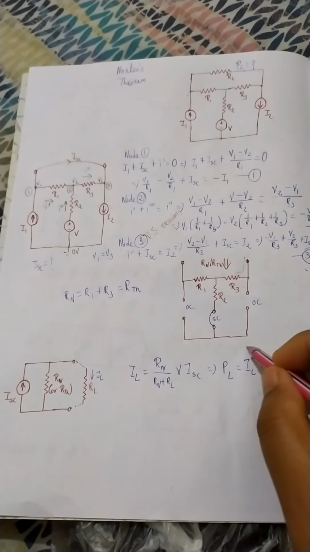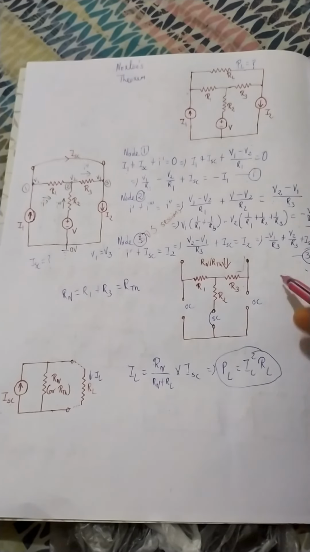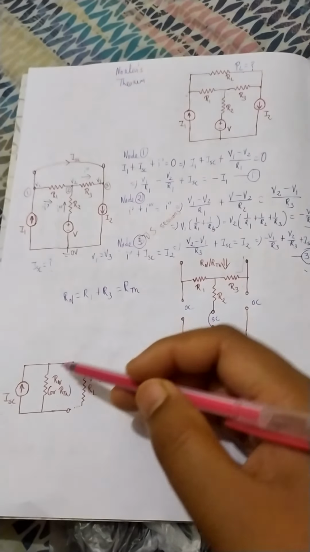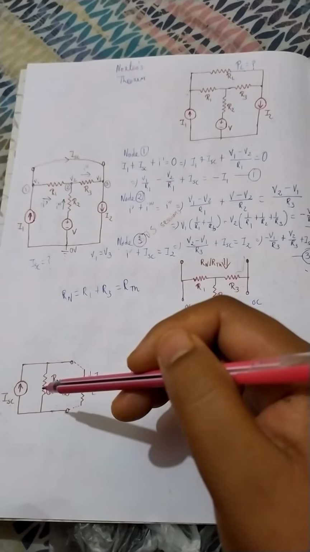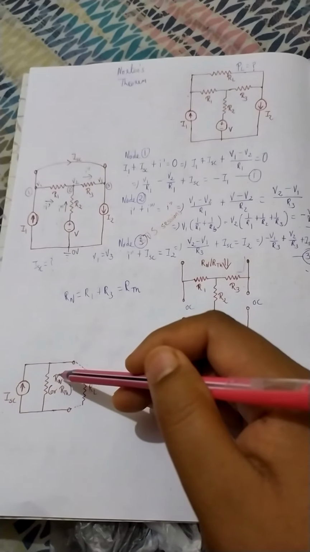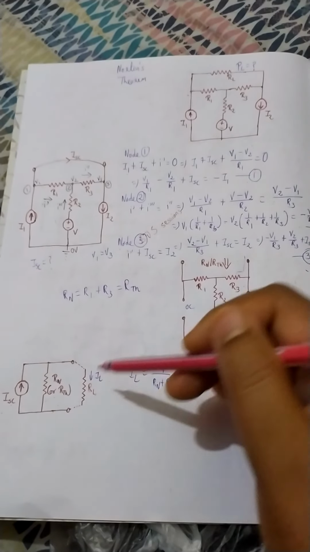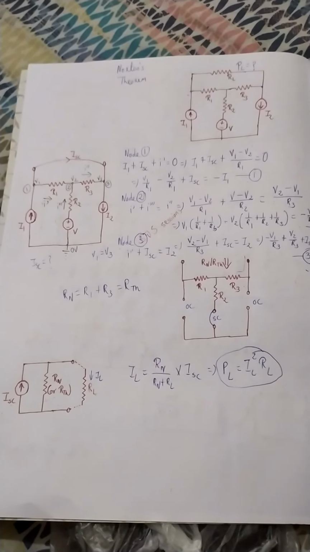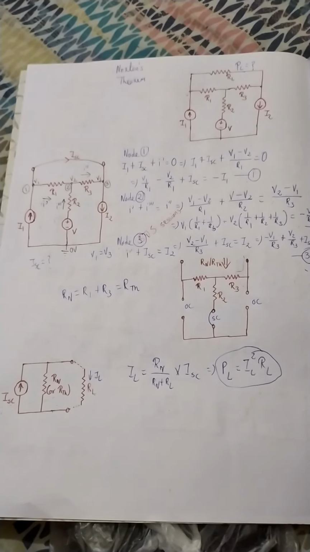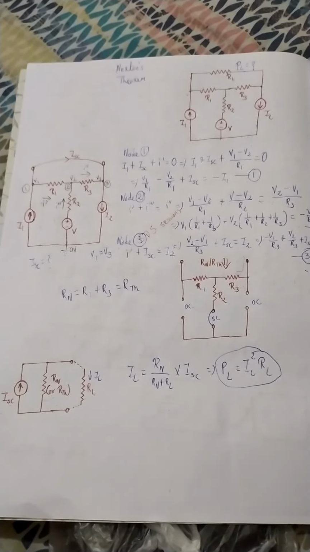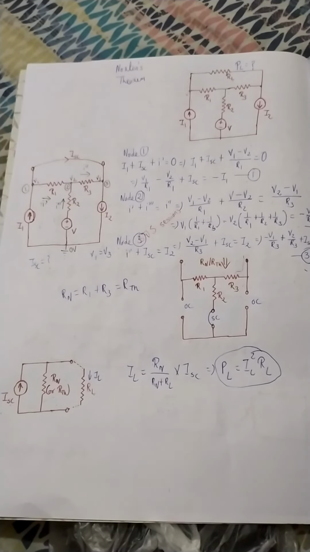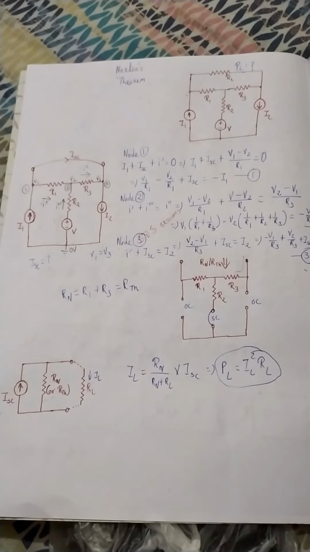This is what was desired. We simplified the circuit using Norton's theorem, and for the value of RL we find the power loss. This is the way by which we apply Norton's theorem to simplify any circuit.